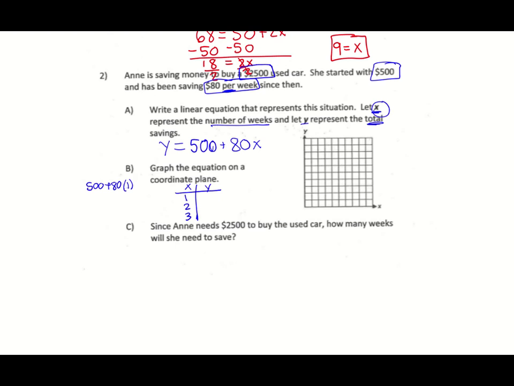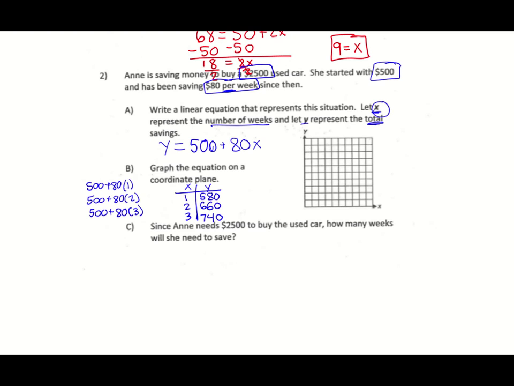I get 580. 500 plus 80 times 2. 80 times 2 is 160 plus 500 is 660. And then 500 plus 80 times 3. 80 times 3 gives me 240 plus 500. I get 740.